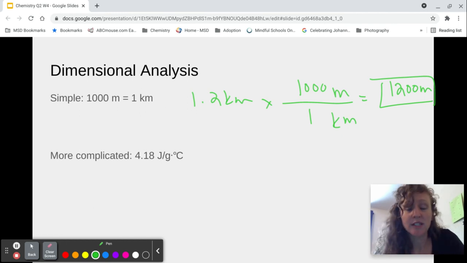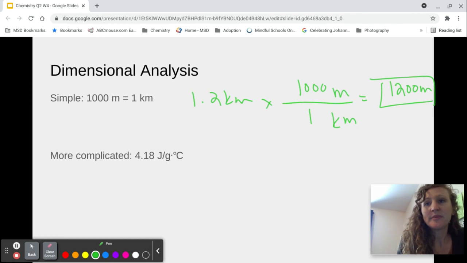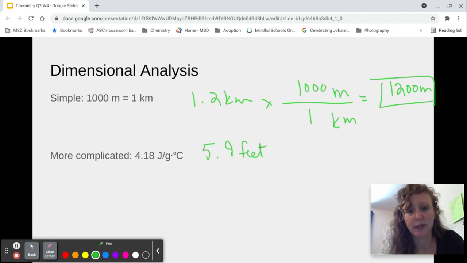Dimensional analysis is also particularly useful when you have a bunch of different units that you have to bounce between. Let's say they start us in feet, for example. Let's say they start us in 5.9 feet, and we want to get into kilometers, right?